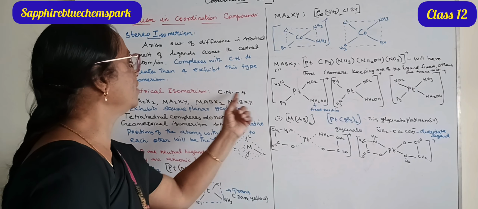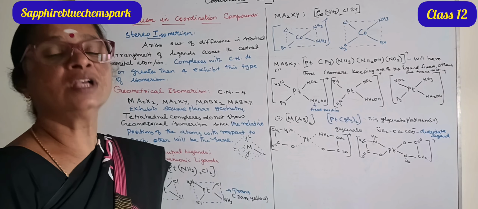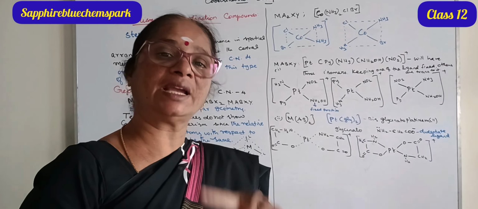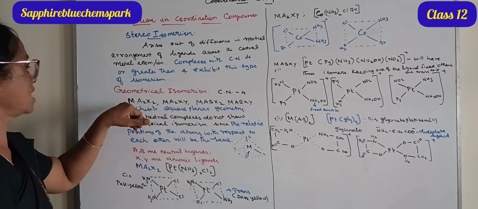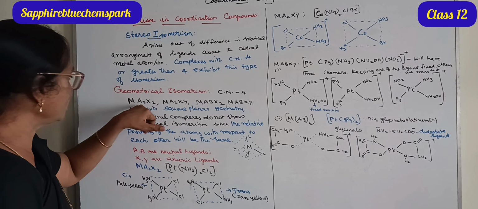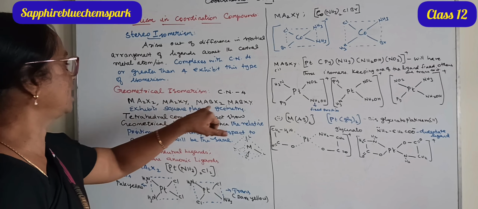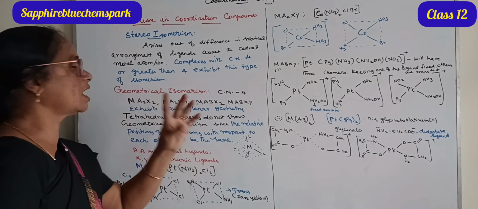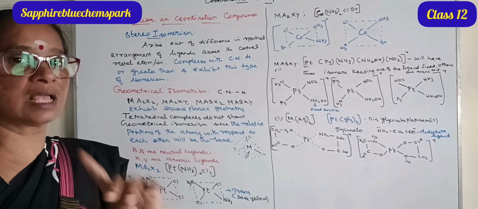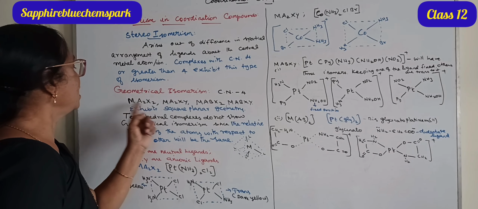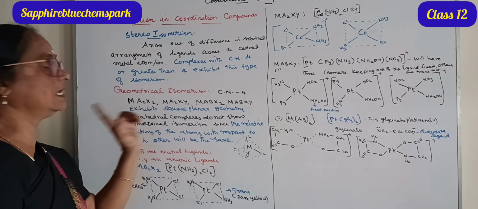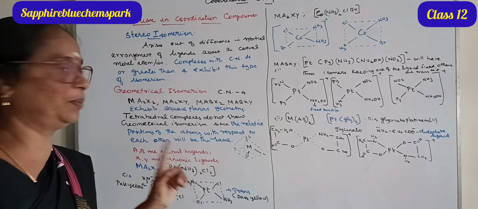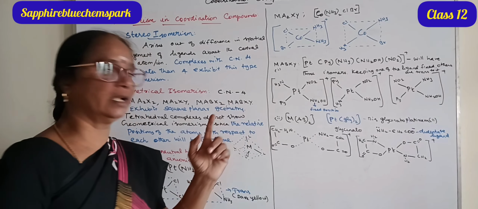So geometrical isomerism can be given only by the heteroleptic complexes, because I have given A2X2 type, A2XY type, ABX2 type, ABXY type. In all these cases, we are finding only 4 ligands. At the same time, one of the ligands is present twice, and the other ligand is present twice. So this complex is said to be heteroleptic, and these are also heteroleptic.